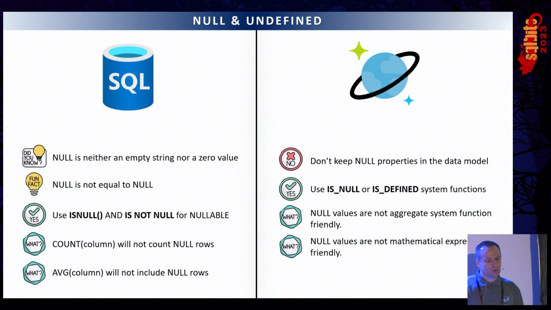Try to use the IS NULL and IS NOT NULL functions in SQL Server to handle those problems. If you use any kind of aggregation like count and average, be sure you know that SQL Server is not going to count or calculate those null columns or rows, so that can change the calculation. You want to be careful with those. In Cosmos DB, if you have any null values, you should not keep them in your data model because there's no schema.